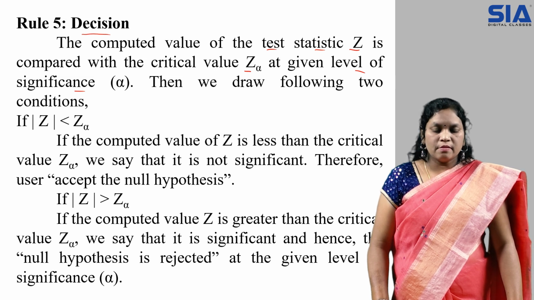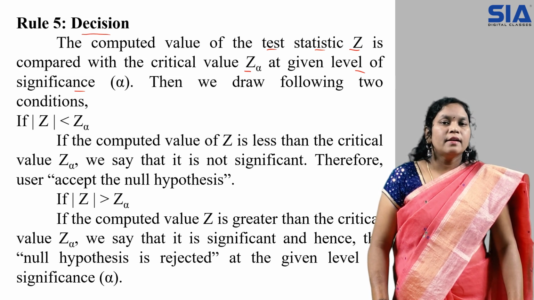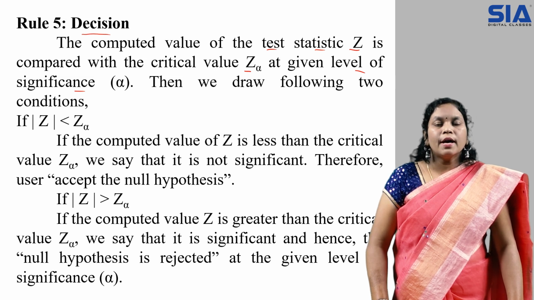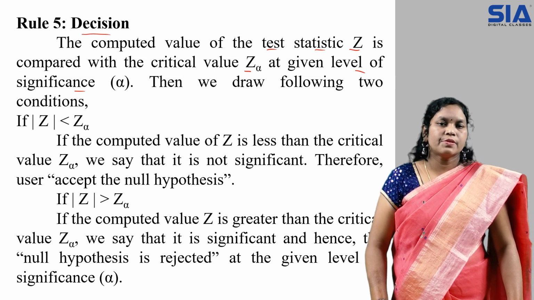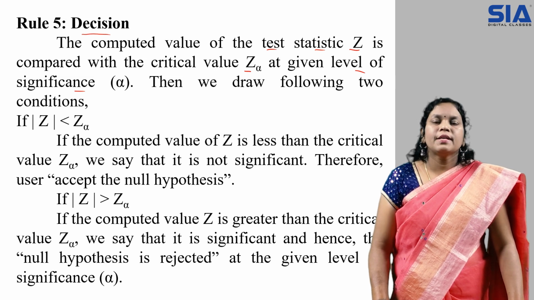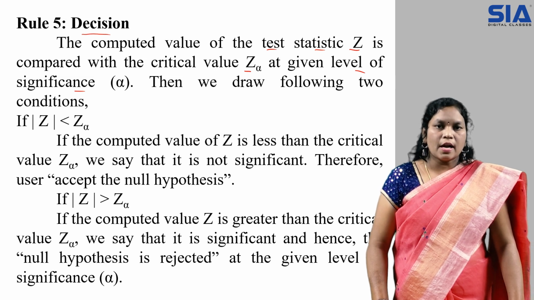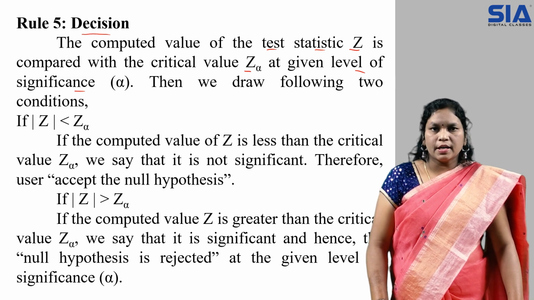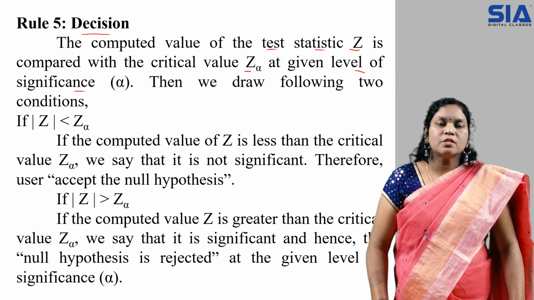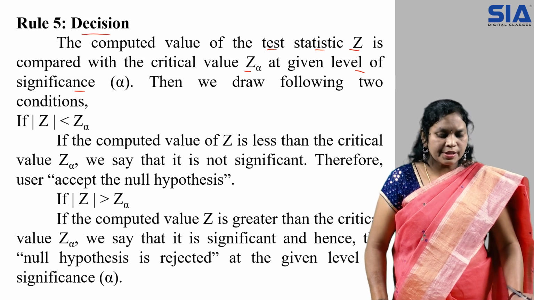That again depends on the tailed test we wrote in the alternative, and alpha, the level of significance. Based on that, we'll derive a critical value, and with that we'll compare our calculated z value. Now let us check how the comparisons go and how conclusions are drawn.